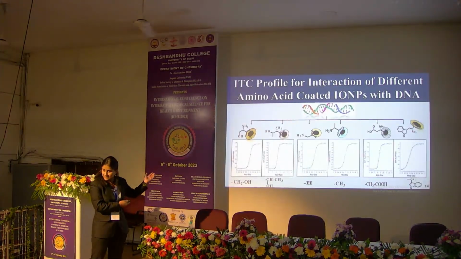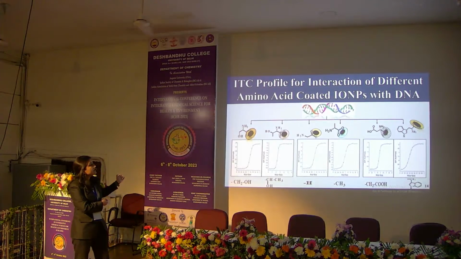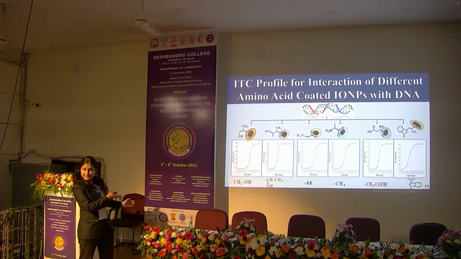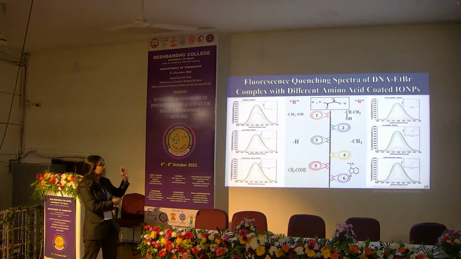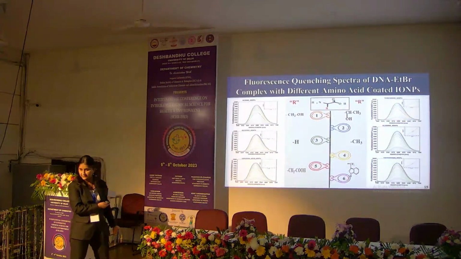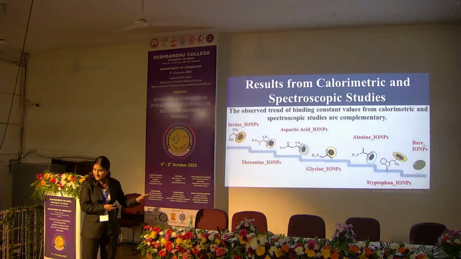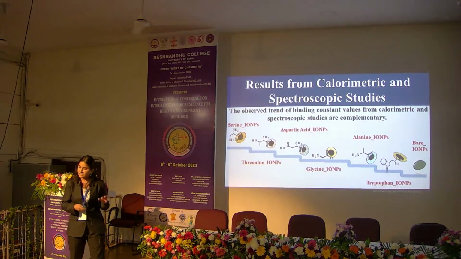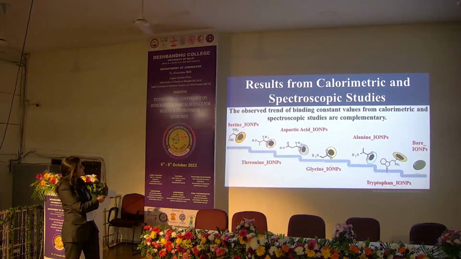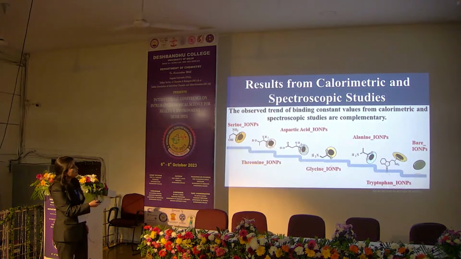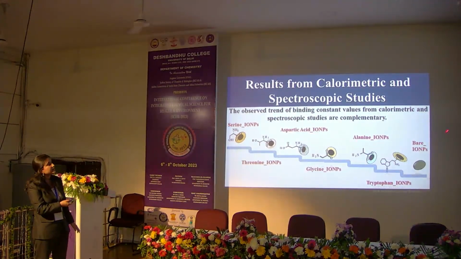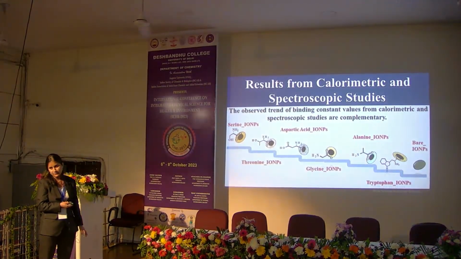Similarly, these are the ITC profiles for the interaction of different nanoformulations with DNA macromolecule, and these are the fluorescence quenching profiles. From these experiments, we concluded that all the amino acid coated nanoformulations were observed to have higher binding constant value in comparison to bare iron oxide nanoparticles.